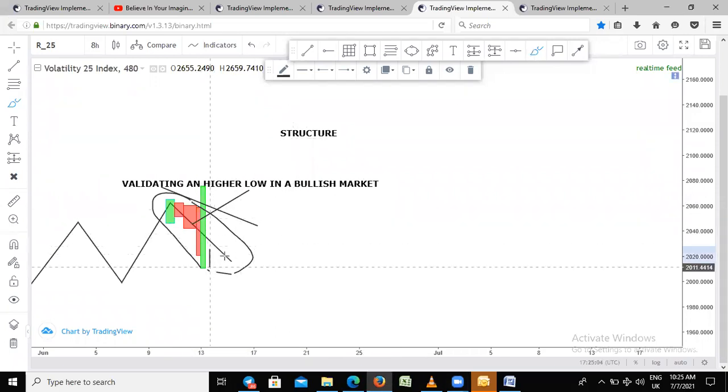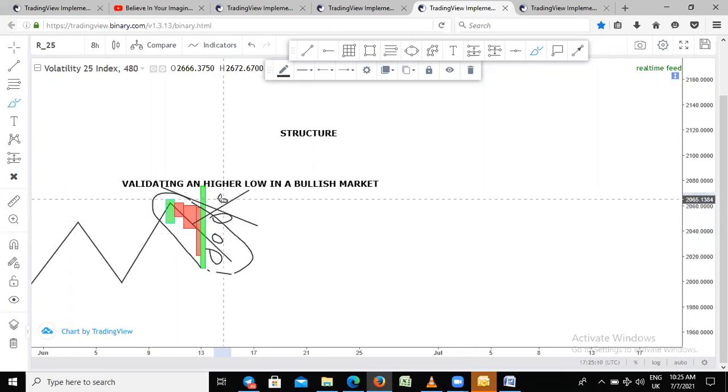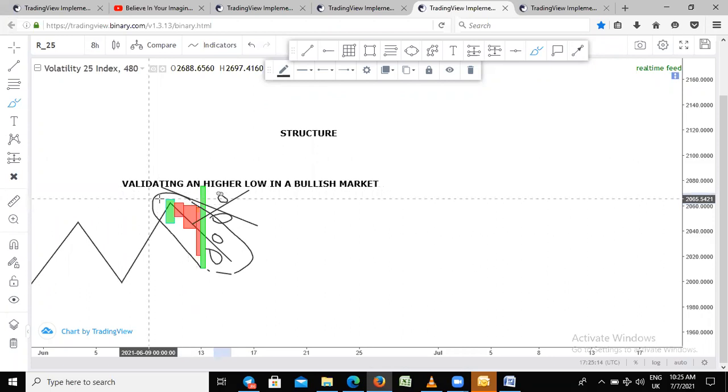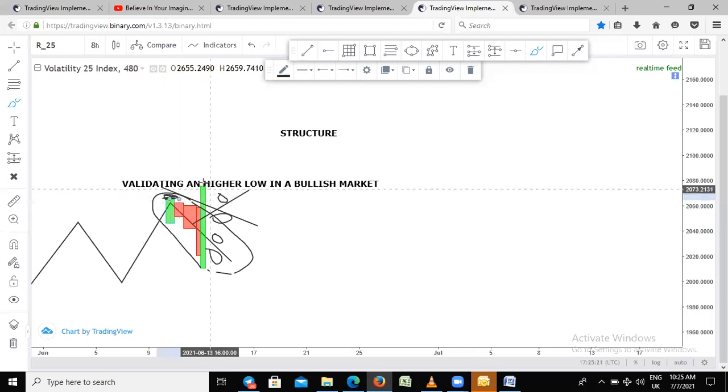Let's say this is the bullish candle, the retracement candle, then 1, 2, 3, 4. But when we see just one bullish green candle close above this one, it is an invalid higher high.